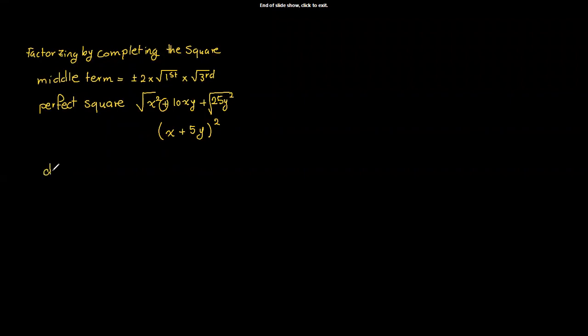Then the difference between two squares is dependent on how to factorize the difference between two squares. (x plus 5y) all to the power 2 minus 36. So by factorizing this, it will be dependent on the square roots of both terms.